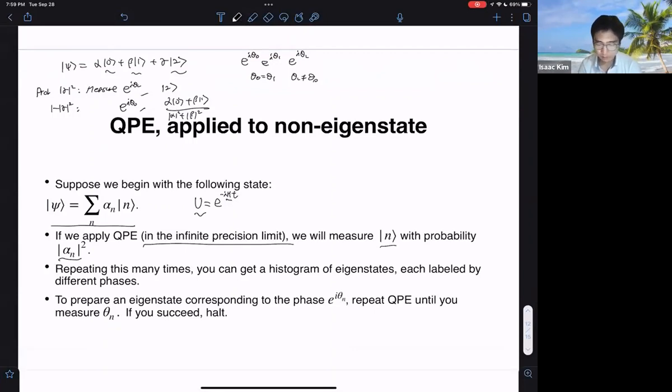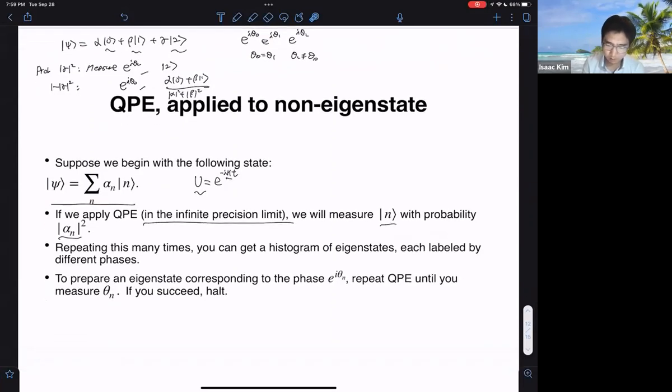In practice, if you were to use quantum phase estimation to obtain the ground state energy using this initial state, you'll have to repeat this many times, because sometimes you measure the ground state energy, but sometimes you measure something else.